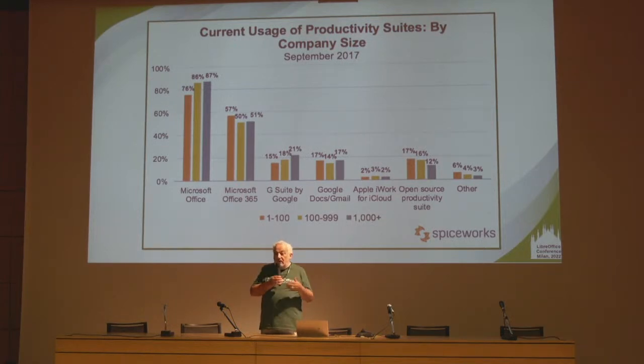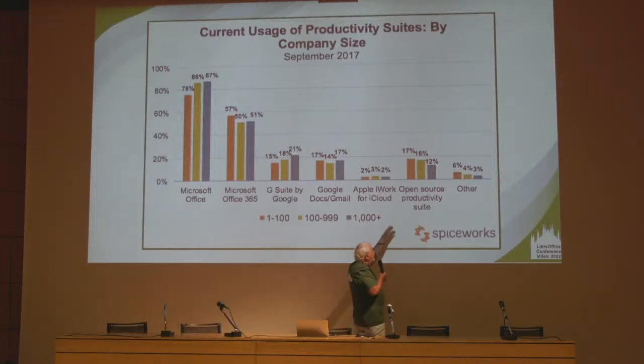If you have 100,000 desktops, you probably think a lot about migrating. If you are smaller, it's easier to make the change. I'm not saying that we have to ignore the large companies, because in any case there is 12%, that may be 10% today, but anyway, it is by far more than we know.